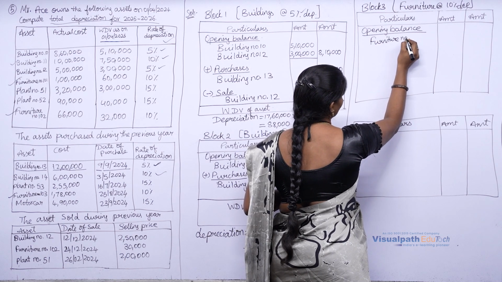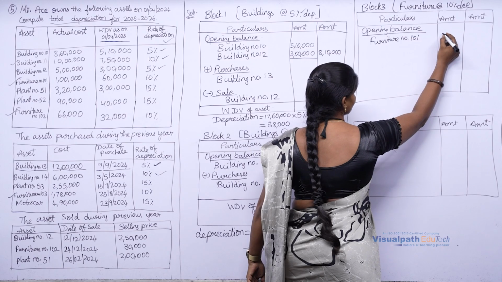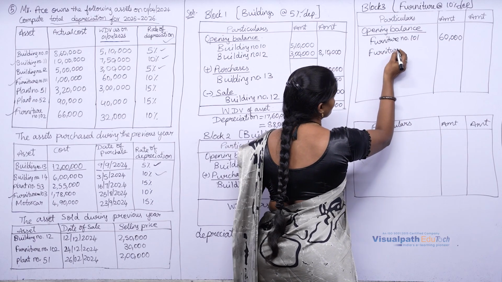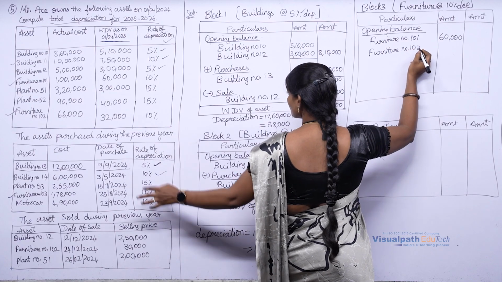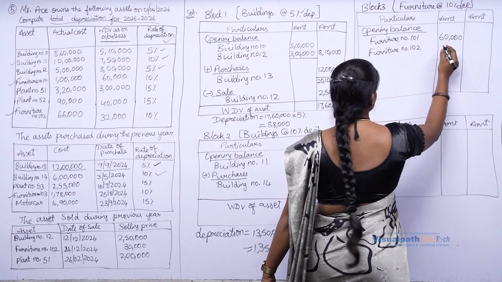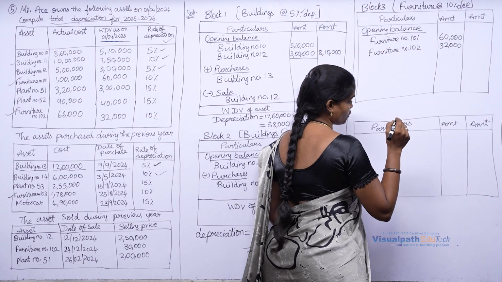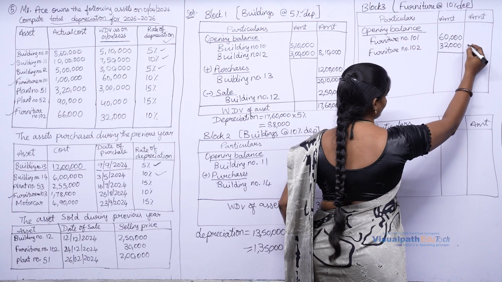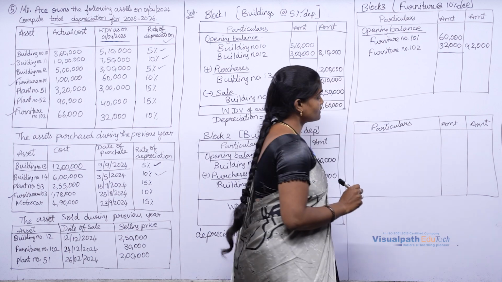Furniture number 101 is 60,000. Then furniture number 102, whose value is 32,000. Clear? Add this. How much will you get if you add this? Add and write in the outer column. You will get 92,000. Clear?